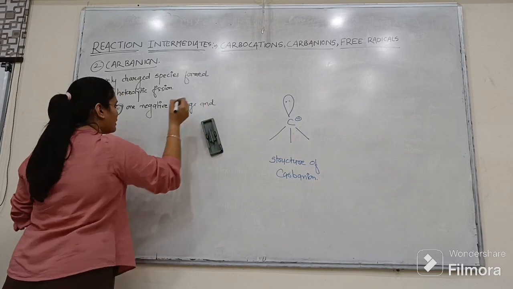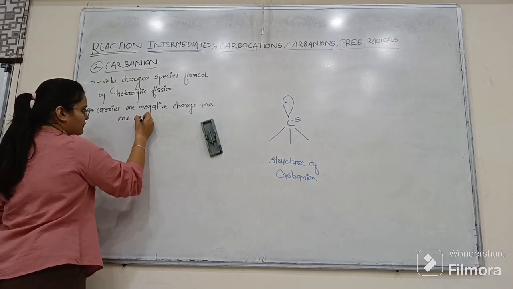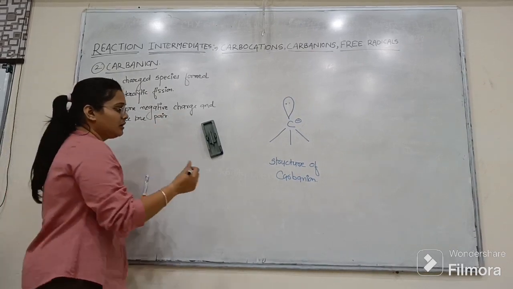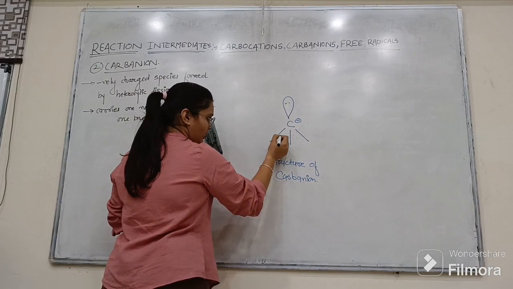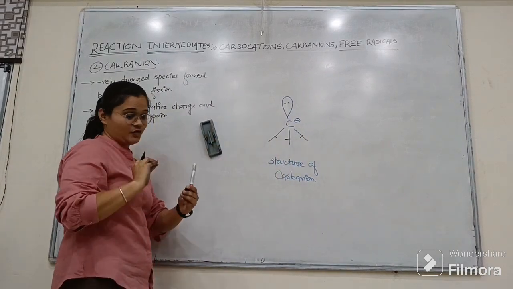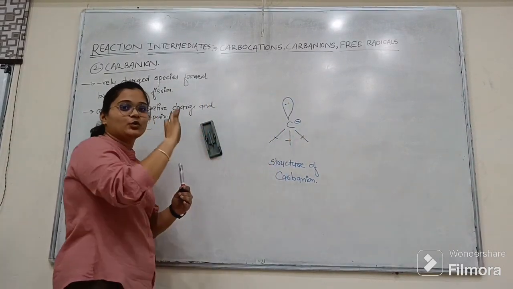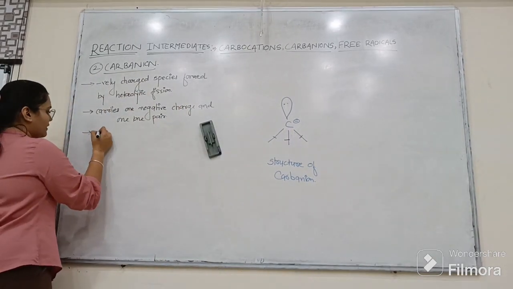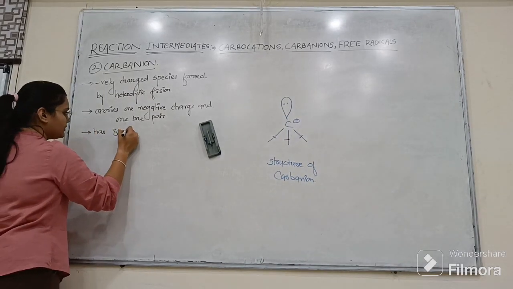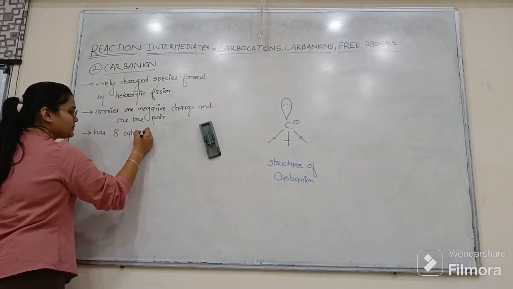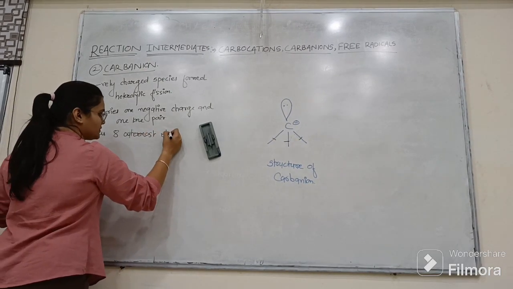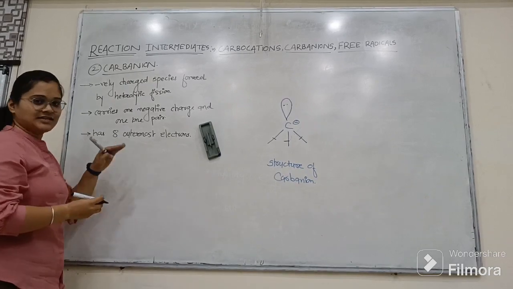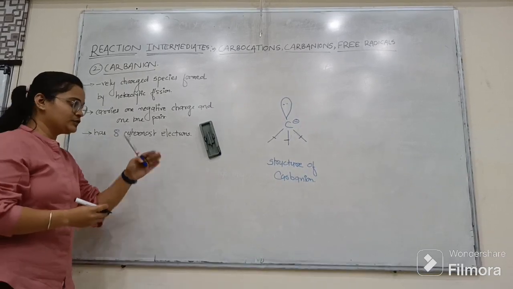In the outermost shell, as it is forming 3 sigma bonds, that is 6 electrons, and 1 lone pair, so it carries a total of 8 outermost electrons. So carbanion has 8 outermost electrons.